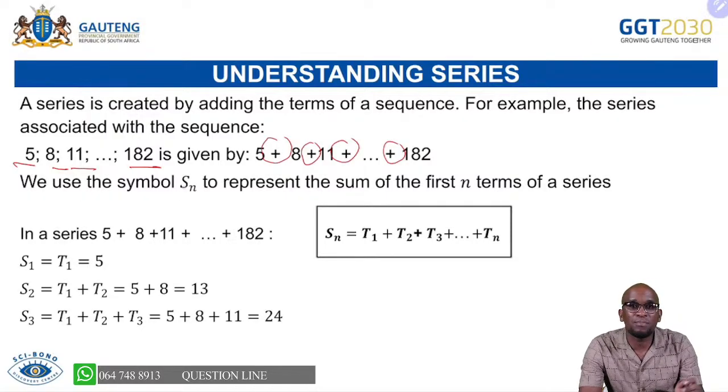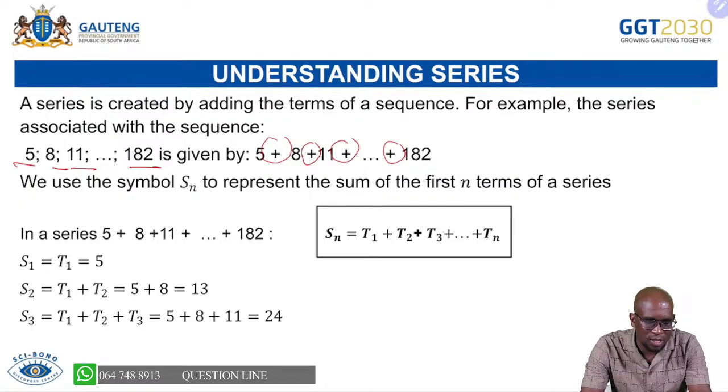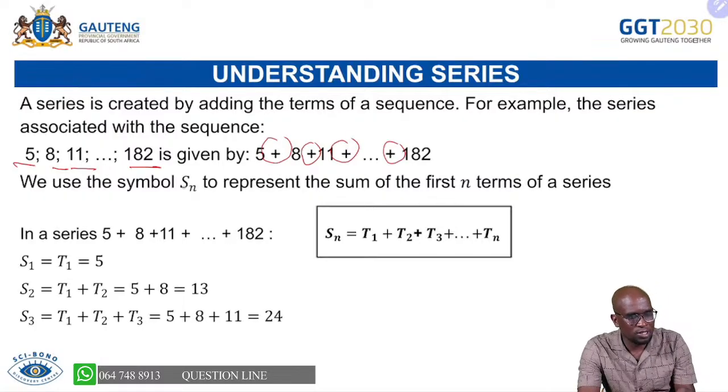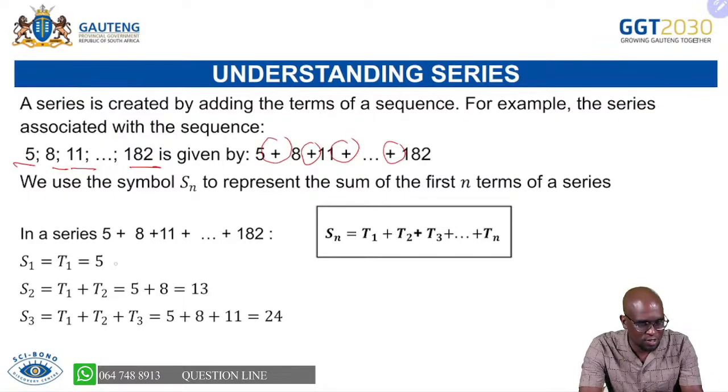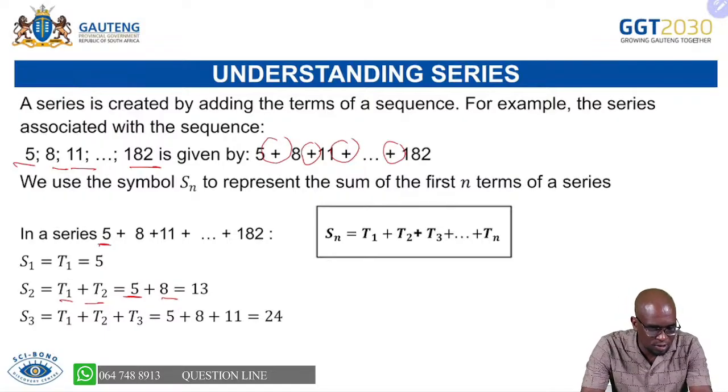Now we use the symbol Sn to represent the sum to the first n terms of a series. Now in a series 5, 8, 11 to 182, we can see that the sum of the first term is just 5. The sum of the first two terms, t1 plus t2, would be 5 plus 8, which is 13.